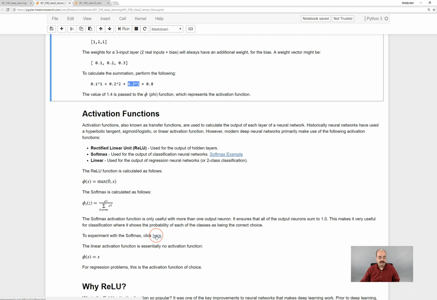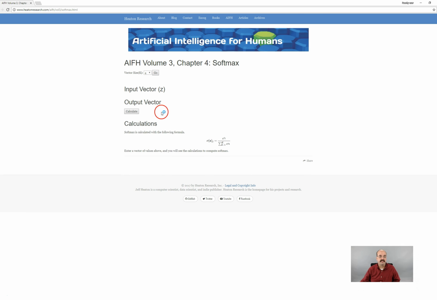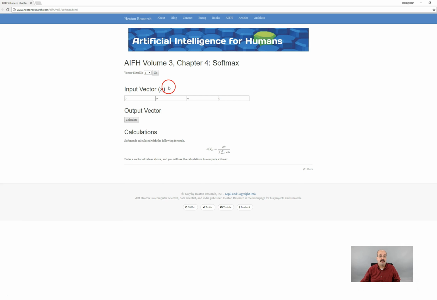There's a web application that I created that you can play with for softmax just to illustrate it. So say we had 4 classes. Those neurons are going to output a variety of values. You can't really control what the neurons are going to output. They might be very large, they might be fairly small. With fairly large outputs from the neural network, usually the highest output wins.